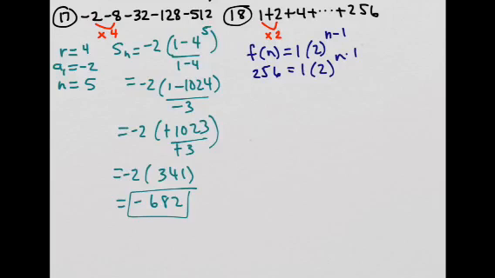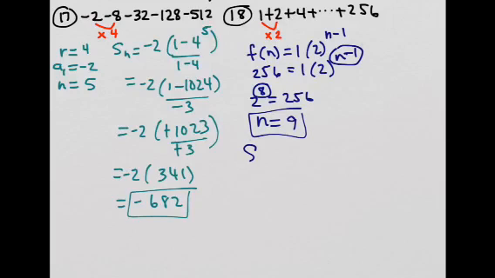So I could just get rid of the 1, right? Divide by 1 is the same thing. So 2 to what power gives you 256? As it turns out, 2 to the 8th power is 256. So that means that 8 equals n minus 1, so n is 9. So there are 9 numbers that we're adding together.